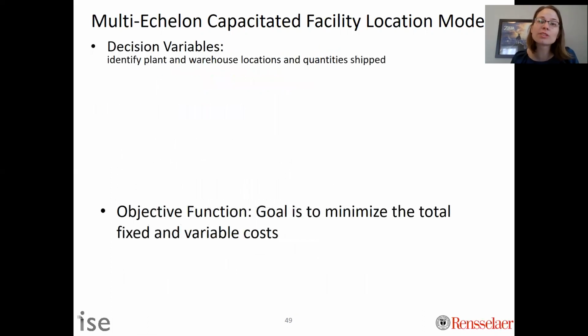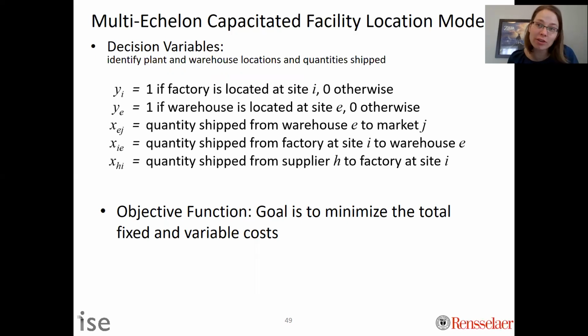All right, and then in terms of decision variables and objective functions, when we have multi-echelon, we basically get to determine 2 types of facility locations and 3 types of flows. If you think about the facility location, that's again a binary decision variable: 1 if I locate a factory at site i, 0 otherwise, and 1 if I locate a warehouse at site e, 0 otherwise.